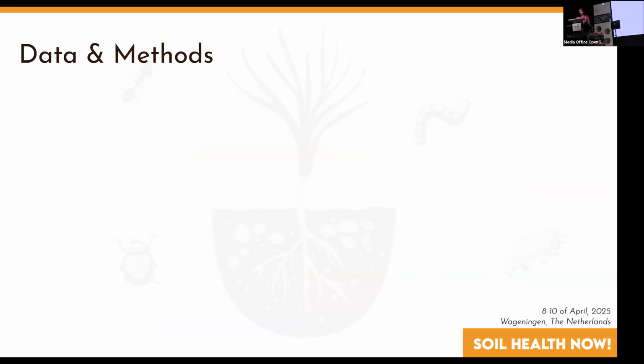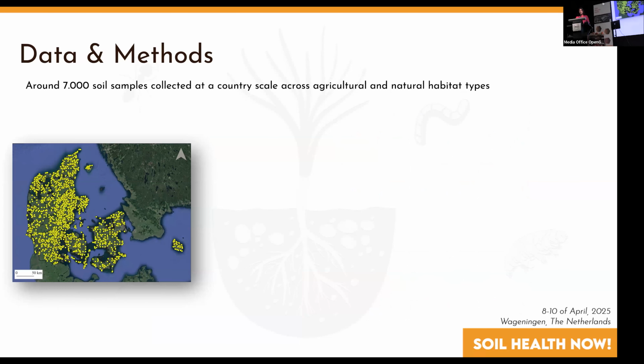So let's go with some data and methods. We have around 7,000 samples collected across all of Denmark in different agricultural and natural habitat types. You can see here in this figure the distribution of our points.